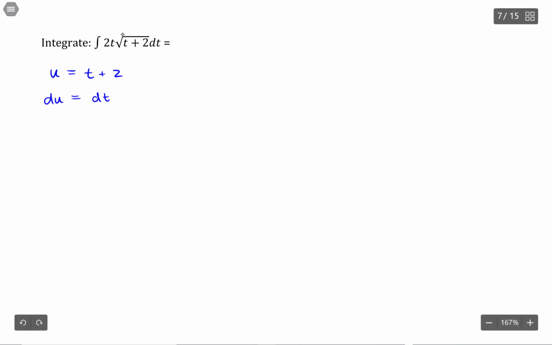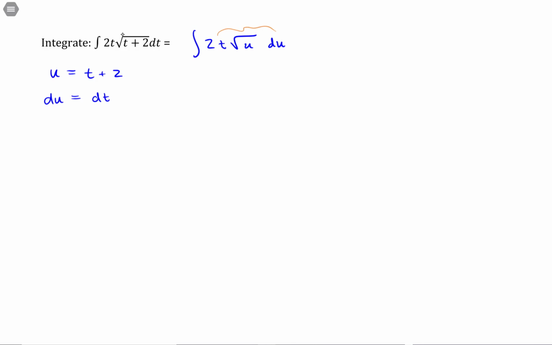The problem with that is when I substitute, I've got 2t, because nothing here is to substitute for the t, times the square root of u du. But I can't have these variables mixed this way. What I need to do is come up with some means of getting all the variables into the function u.